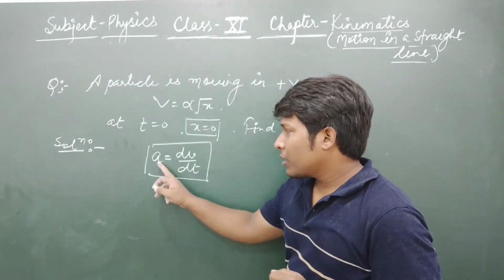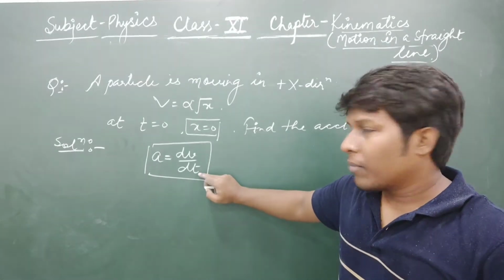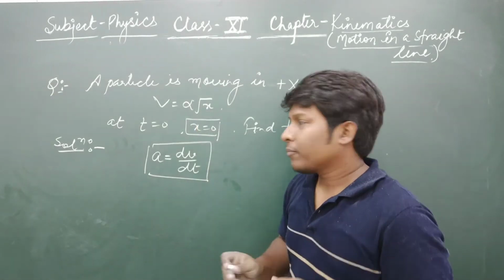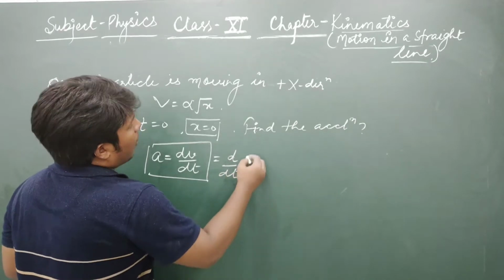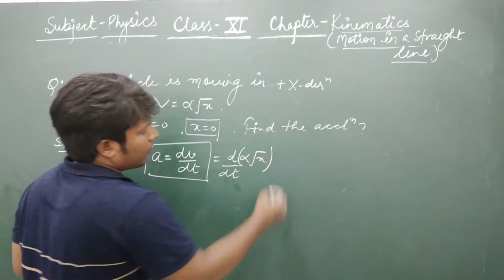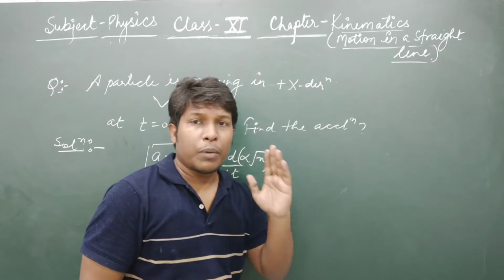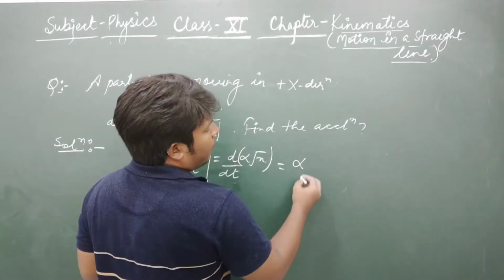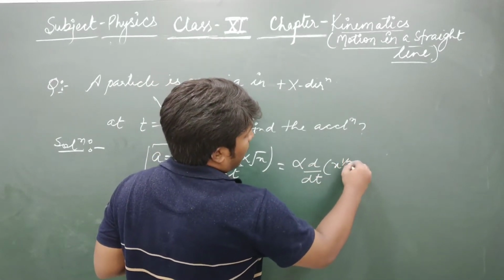Acceleration is dv by dt, a derivative with respect to time, but the velocity is a function of displacement x here. So in this case, it is d by dt of alpha root x, and root x can be written as x raised to the power half. Alpha is constant here, so it will be alpha d by dt of x raised to the power half.